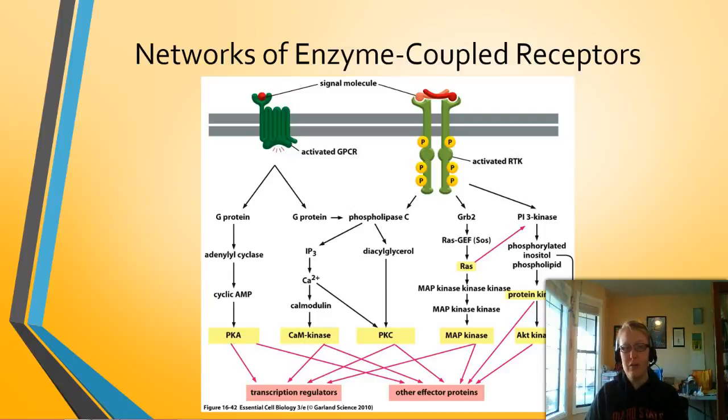Or if you try to knock one thing down, the cell may just turn on a different alternate pathway to get the same response. So it's really important that anytime you understand any of these cellular diseases, there are so many different feedback networks. That's why it's so hard for us to treat these cellular diseases, anything that arises from a dysregulation of the cell, because there are so many feedback loops and so many different mechanisms.